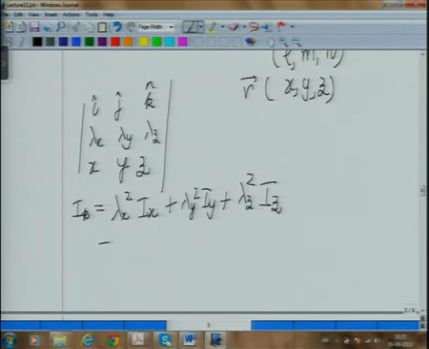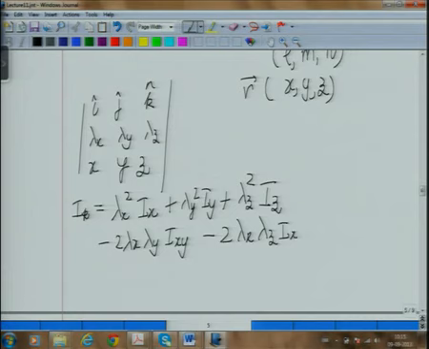Then I get minus 2 lambda x lambda y Ixy minus 2 lambda x lambda z Ixz. So, this is the formula which comes like this.